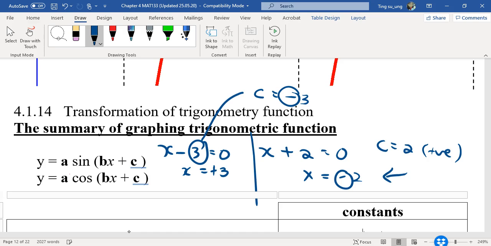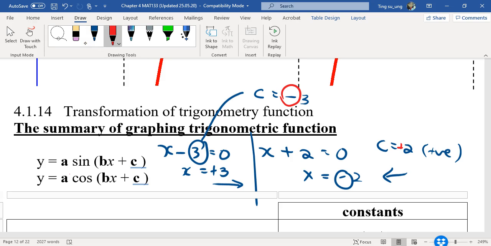So this is positive 3, meaning to say that you are shifted 3 units to the right. Okay, this is very logical. The negative or positive symbol here is just to determine the position. You just substitute the value as usual.